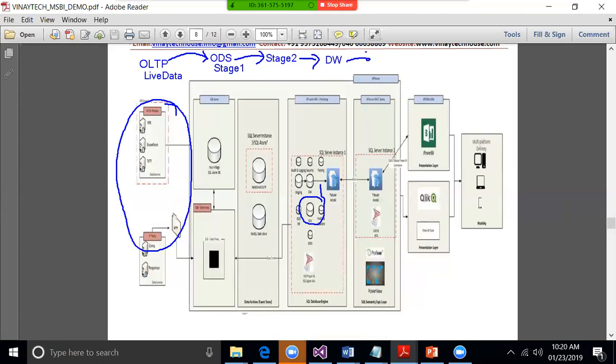On the data warehouse, we created some cubes: tabular cube, multi-dimensional cube. From there, reporting happens.